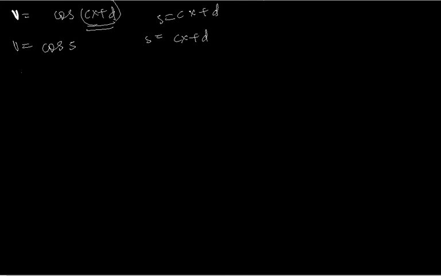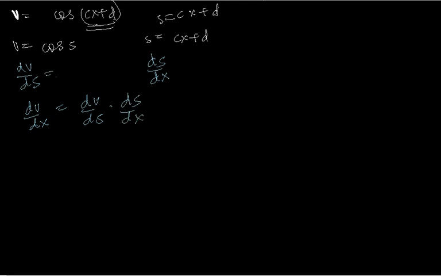From here you can find out dv by ds, and from here you can find out ds by dx. So your dv by dx would be equal to dv by ds into ds by dx. Clear? Now what is dv by ds equal to? Minus sine of s, because the derivative of cos x is minus sine of x. What is the derivative of ds by dx? That is c into the derivative of x, which is 1, plus the derivative of d, which is 0.